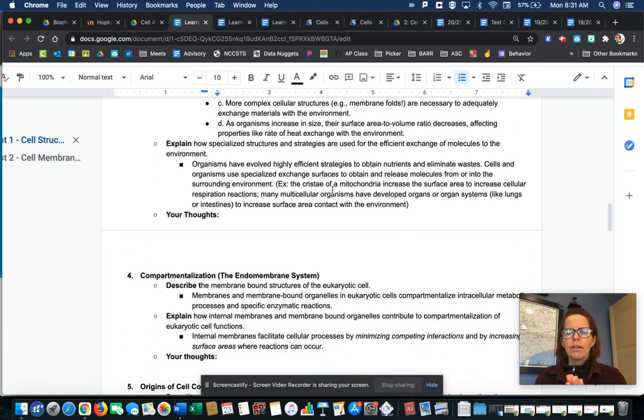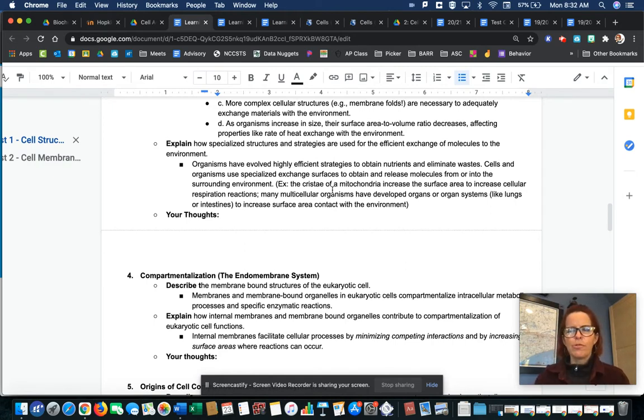Explain how specialized structures and strategies are used for the efficient exchange of molecules to the environment. Organisms have evolved highly efficient strategies to obtain nutrients and eliminate wastes. Kind of what we've been talking about. Cells and organisms use specialized exchange surfaces to obtain and release molecules from or into the surrounding environment.